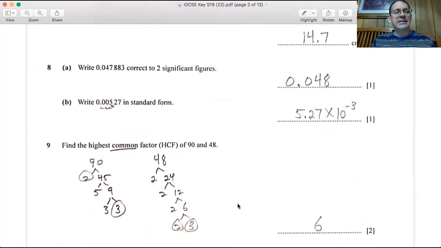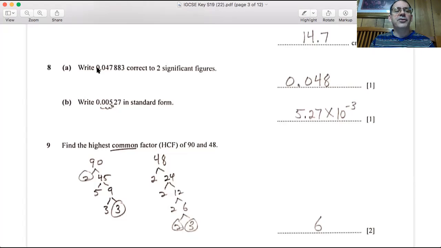Then number 8a, write 0.047883 correct to two significant figures. Now remember, zeros on the left are never significant. Zeros in between non-zero digits are always significant, and zeros to the right are significant only if a decimal is expressed.